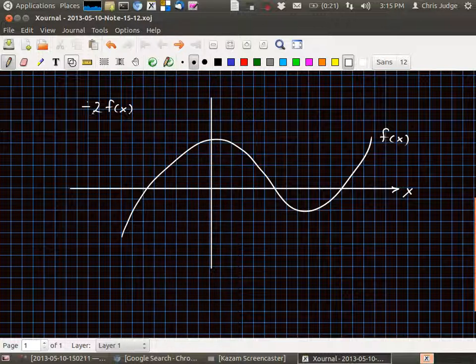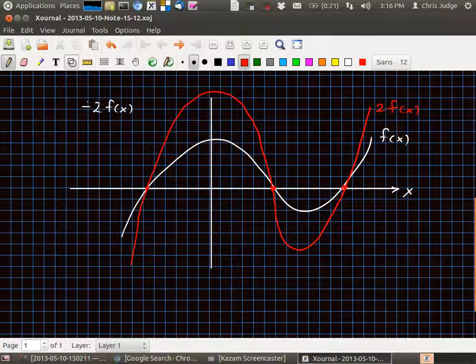Well, the first step is to ignore the minus sign and think about what 2 times f of x looks like. Well, we saw before that it stretches it by a factor of 2 in the vertical direction. So the sketch of the graph of 2 times f of x looks like this. All we're interested in here is a sketch, so it doesn't have to be too precise.